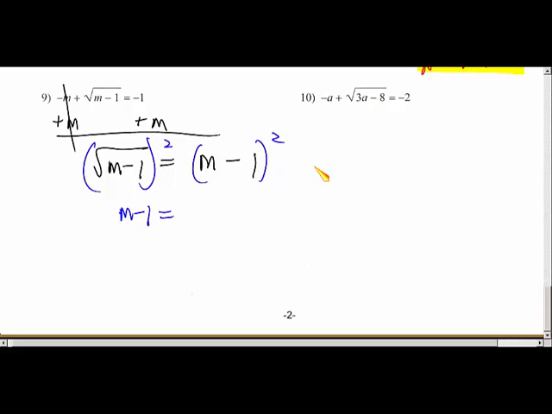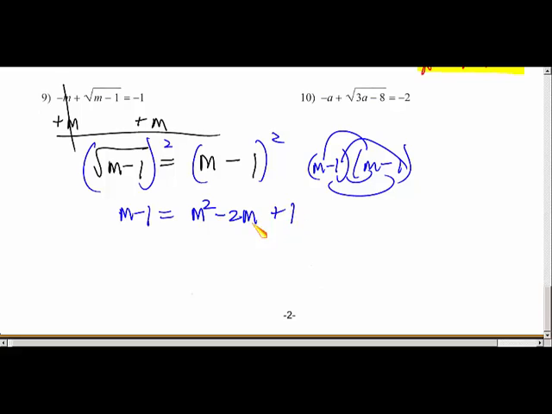So m minus 1 squared is really that. So I have to FOIL it, and I get m squared minus 2m plus 1. Then I want to get a 0 on the left side of the equation, so I'm going to subtract m and add 1.